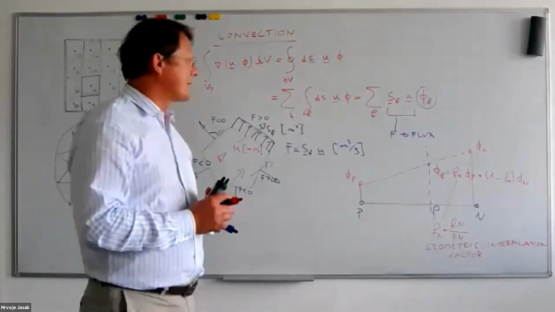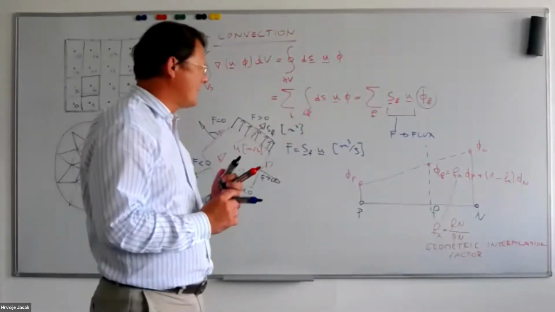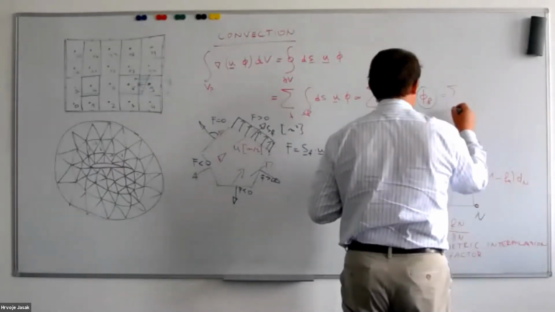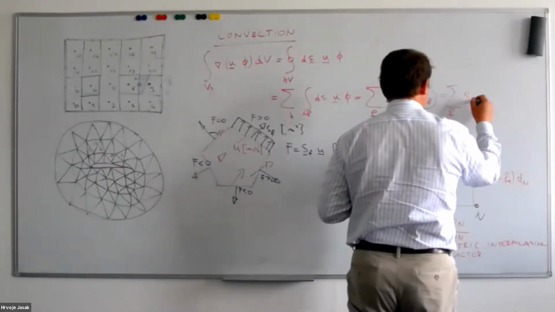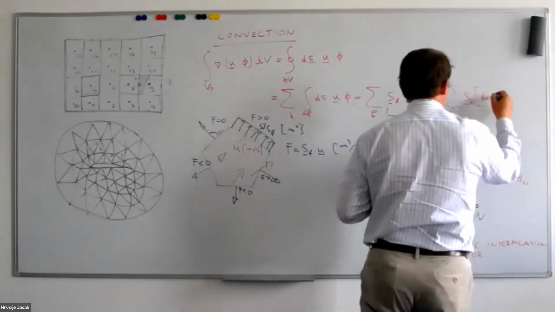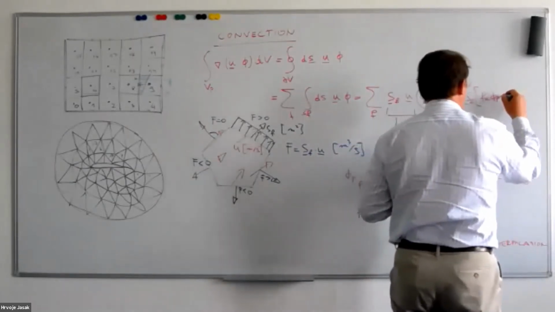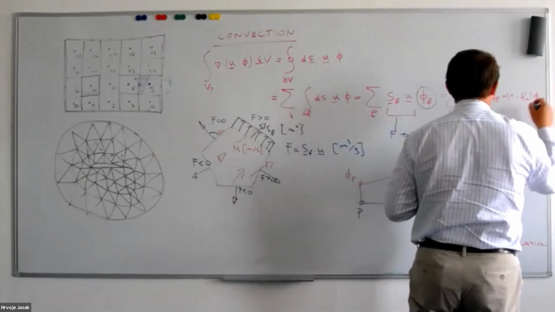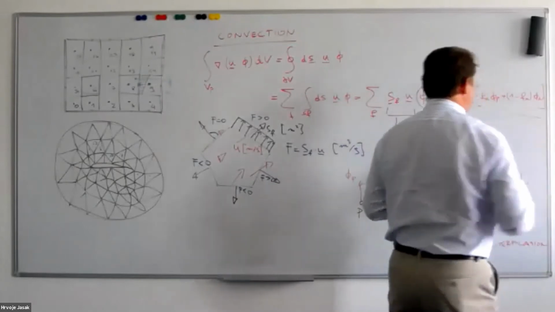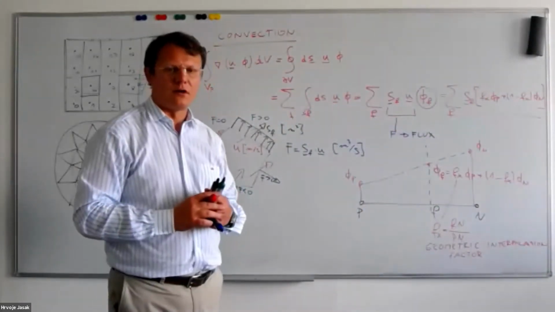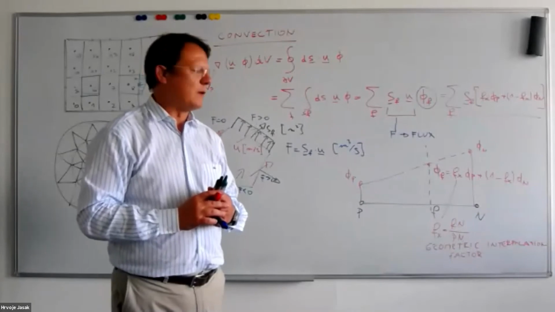Looking at all of this, we can write a further step in my derivation, which is the sum of the face area vectors multiplying Fx phi P plus 1 minus Fx phi N, and write out the matrix coefficients that correspond to this term. What are they going to be?